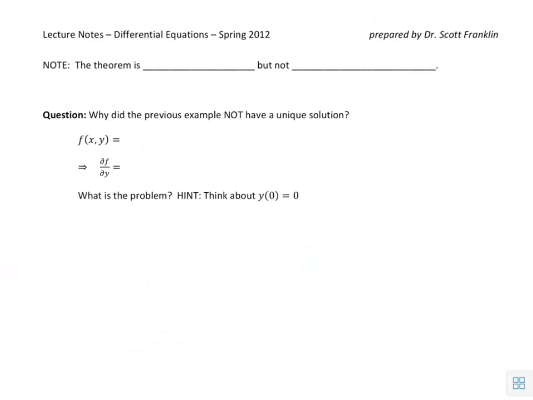Now, the theorem here, let me point out, is sufficient, but it is not necessary. What I mean by that is that the conditions of this theorem don't go both ways. It's not a biconditional or an equivalent statement.